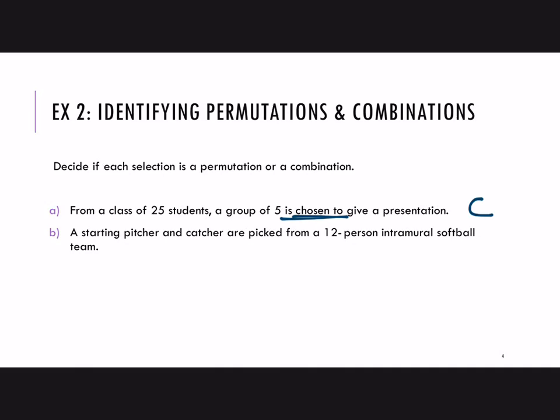In part B, a starting pitcher and catcher are picked from a 12-person intramural softball team. Here we do have an order that's implied. Pitcher and catcher, 2 different roles, so choosing people A and B with A as the pitcher is different than choosing A as the catcher and B as the pitcher. So that is a permutations problem.